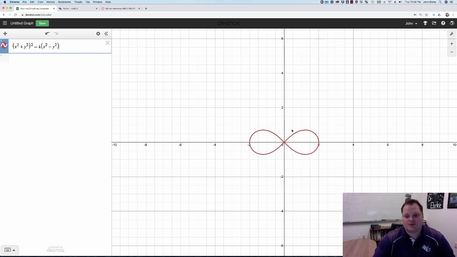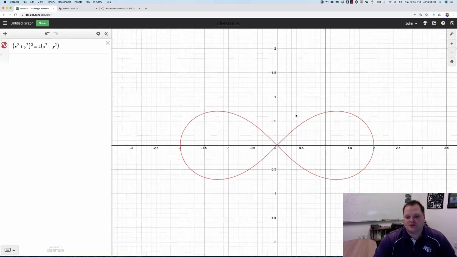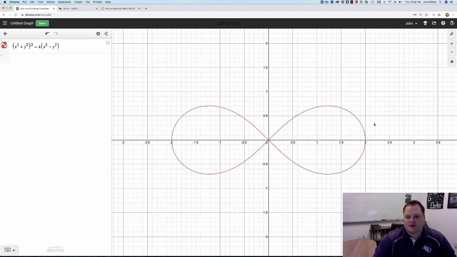So here's the curve that we're differentiating. It is the curve for infinity. Notice you can see we've got vertical slopes over here at 2 and -2. We'll show that. And then we've got horizontal slopes here, here, here, and here. So let's see if we can figure out exactly at what points those take place, then add them to this graph so we can see that we're doing this correctly.